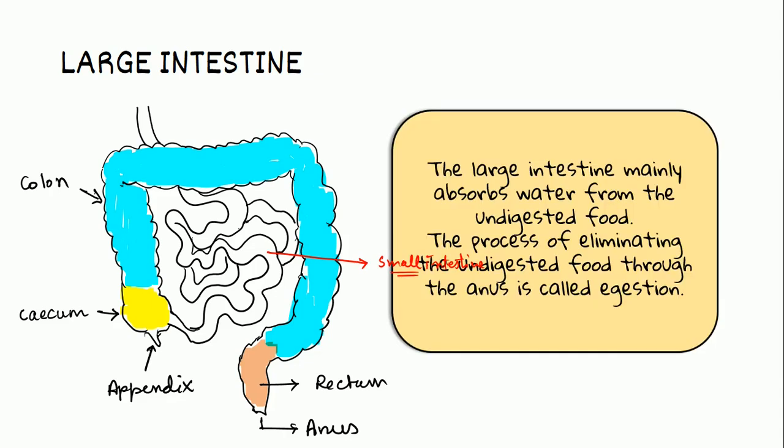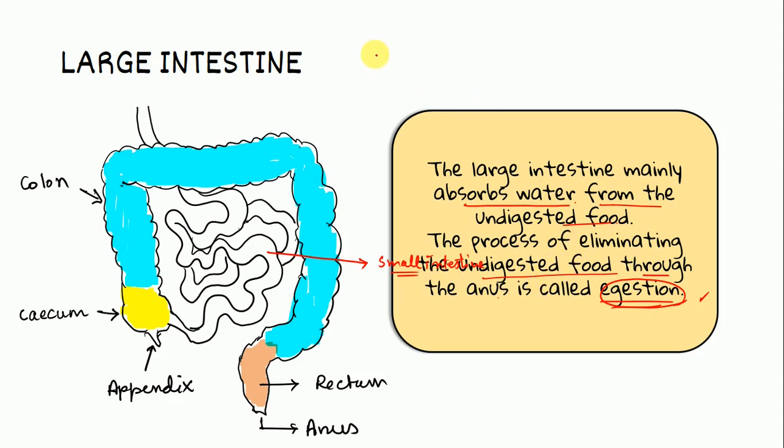The large intestine is mainly responsible for absorbing water from the undigested food. The process of eliminating the undigested food through the anus is called egestion. So egestion is the removal of undigested food from the body through the anus. This is how the large intestine works.